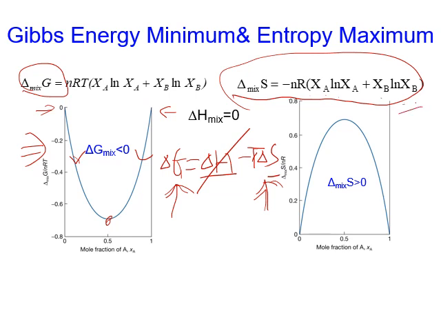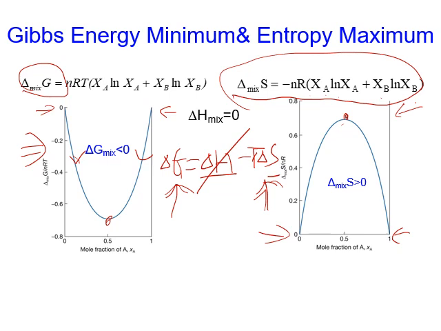So if you plot entropy, you get the opposite shape. Before mixing, they are 0. After mixing, the entropy increases until it becomes maximum when 50-50% is reached.